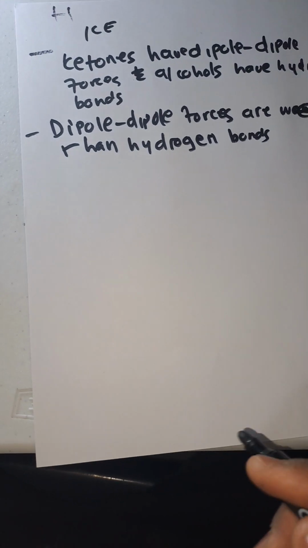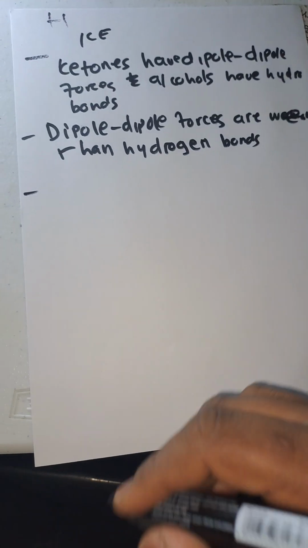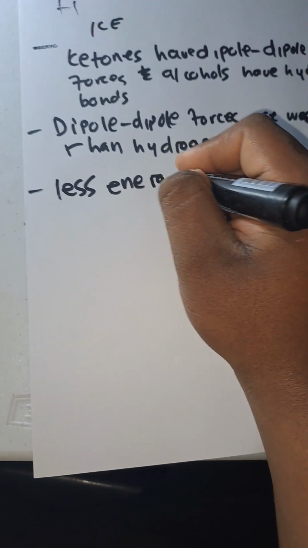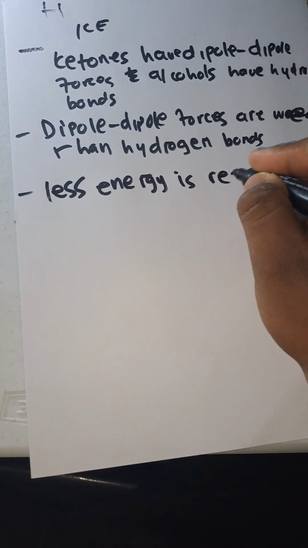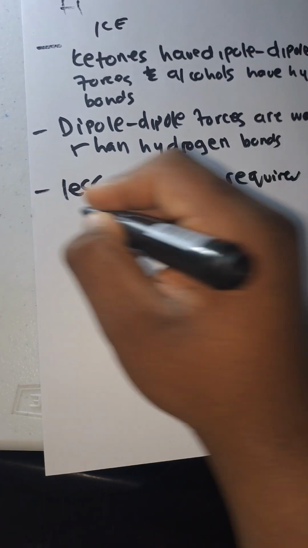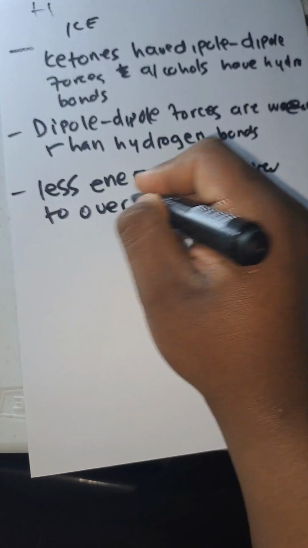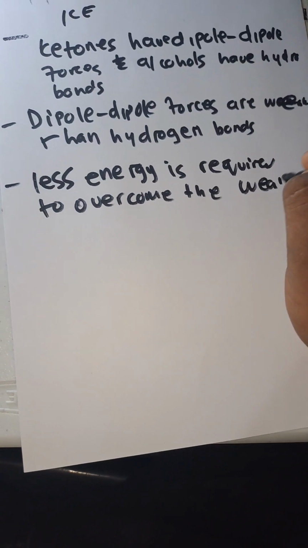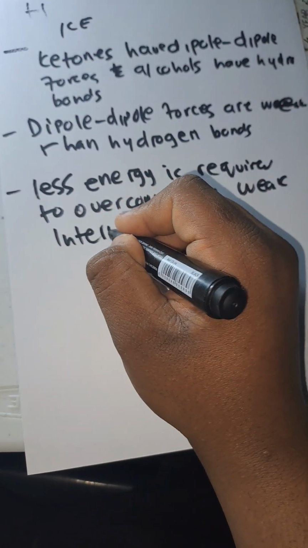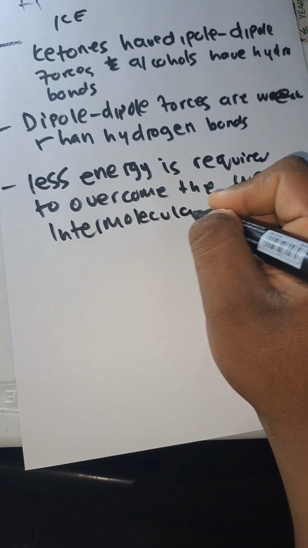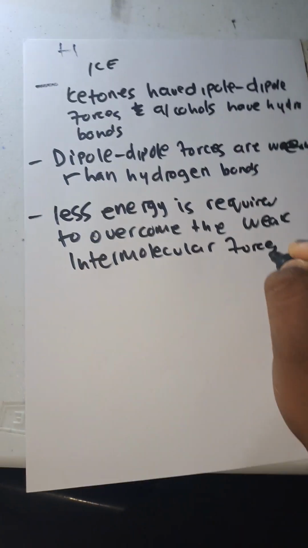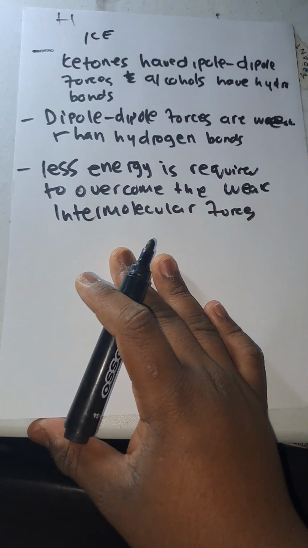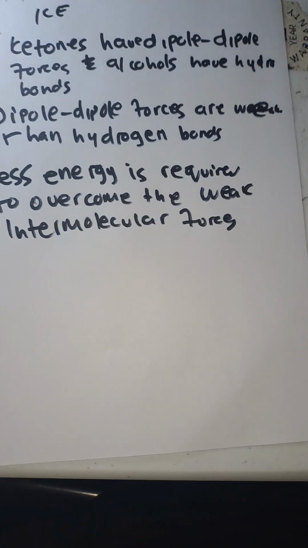Let's go to the last one: less energy is required to overcome the weak intermolecular forces. The ICE method again. Imagine this is now easy, because this question is just a repetition of the same thing.